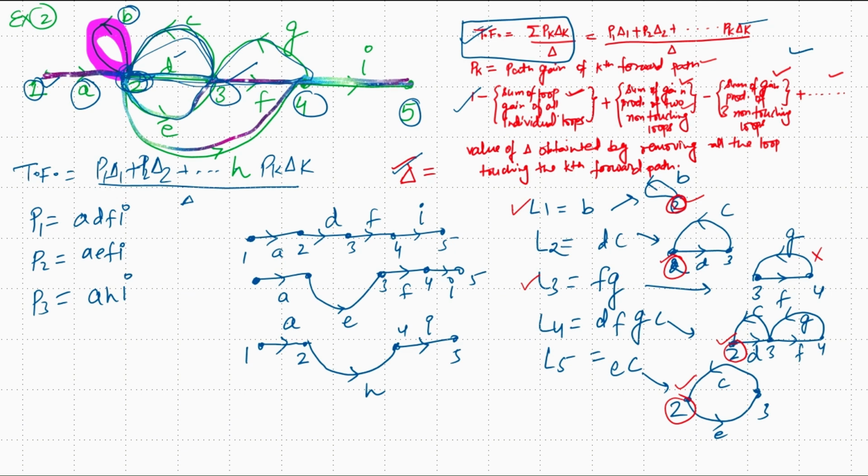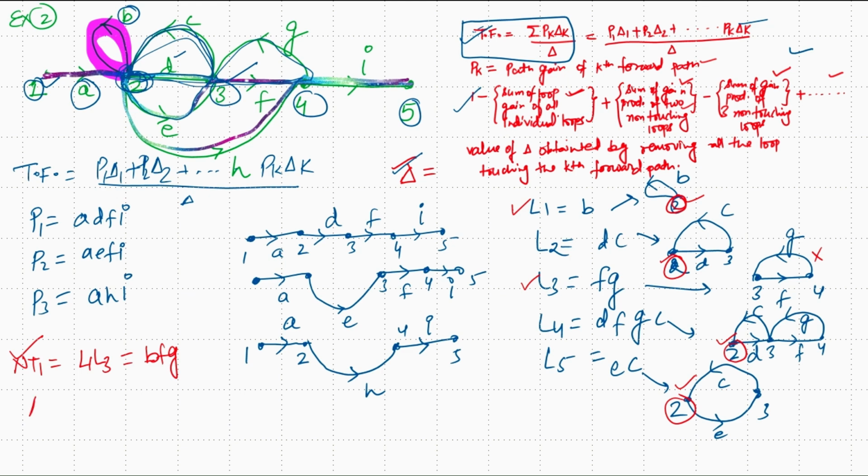So we can write the non-touching loop NT1 as the product of individual loops which are non-touching, L1 and L3. If we multiply these two, B into F into G, it is the non-touching loop. Except this, there are no non-touching loops.